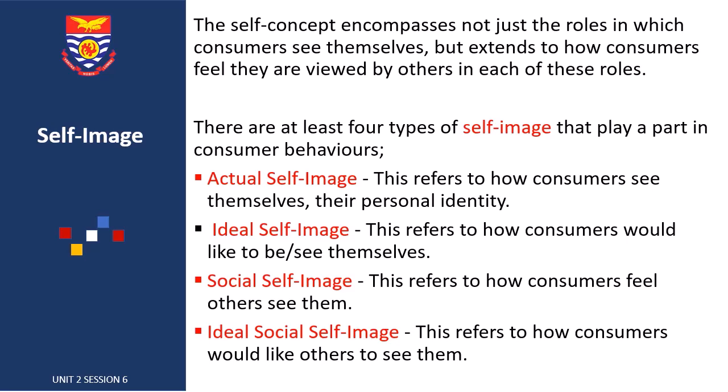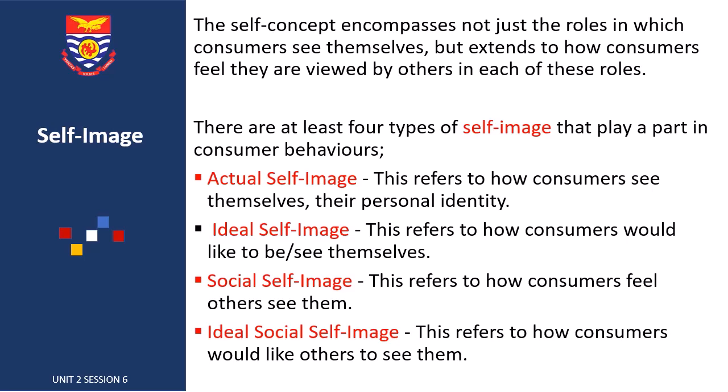And we have the ideal self image. The ideal self image refers to how consumers would like to be or see themselves. And it's very true. Every individual, one way or the other, is like this, and that is why the concept of Abraham Maslow's hierarchy of needs talks about it. You get to a particular level, then you are not satisfied with it, but rather want something different.